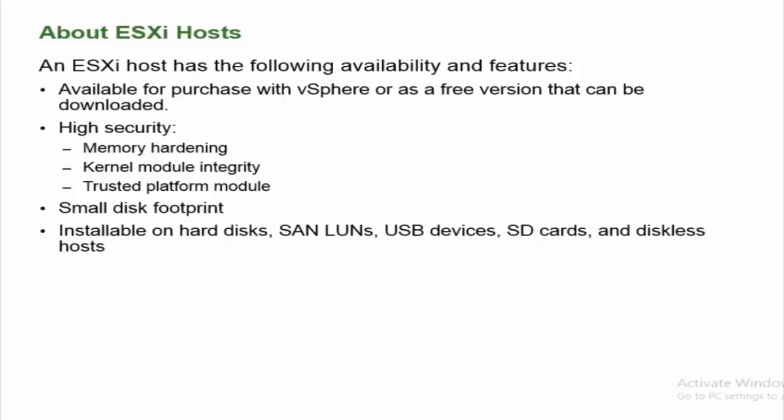As we are using the ESXi host in evaluation mode, it is freely available, and you can download it from the VMware website, or you can purchase it. Purchasing an ESXi host is on a per socket basis, so it depends on how many sockets you want to purchase the license for, for example two processor sockets.